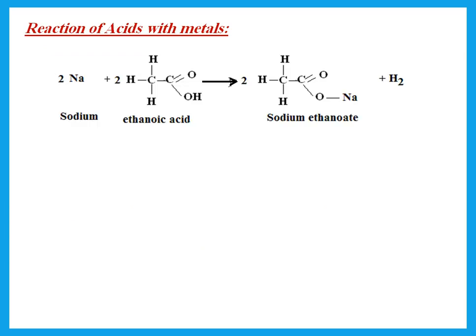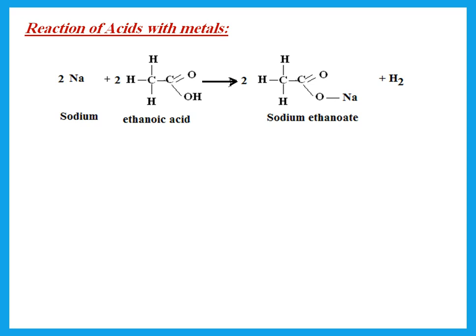Okay. Another reaction of acids, remember that carboxylic acids do the same reactions as the normal acids. You remember reactions of acids and bases? We said acids can react with what? It can react with metals. So in that case, it gives a salt plus hydrogen gas.